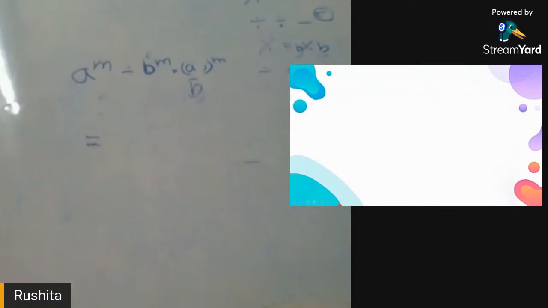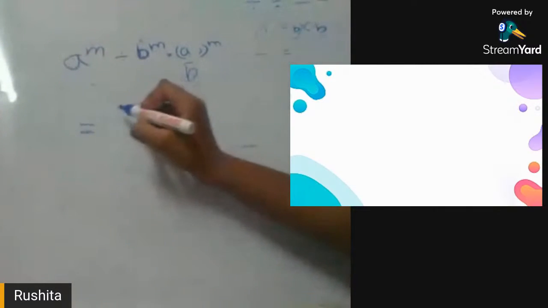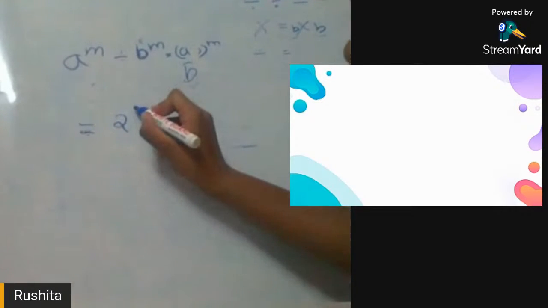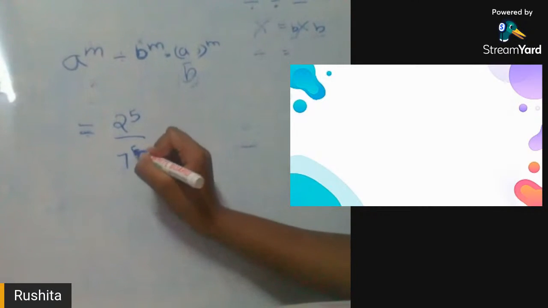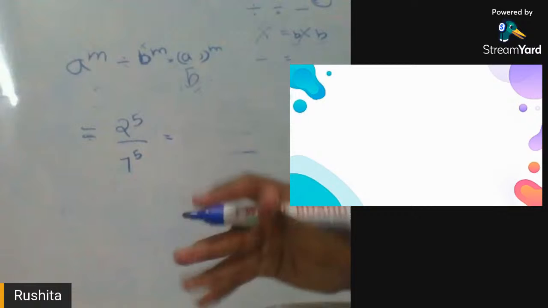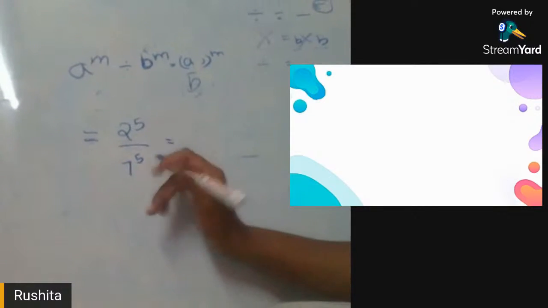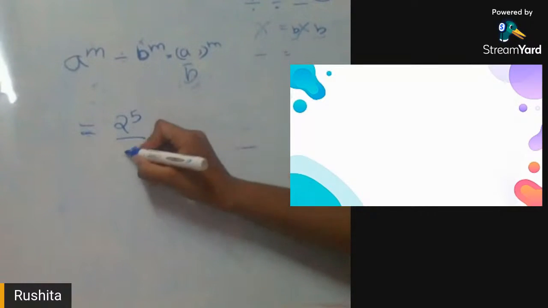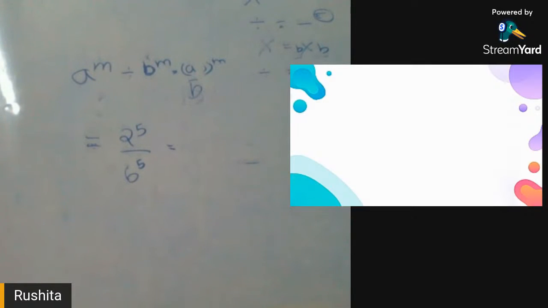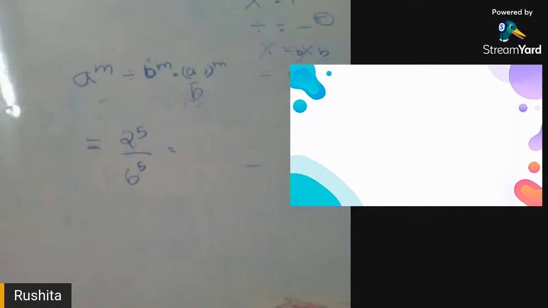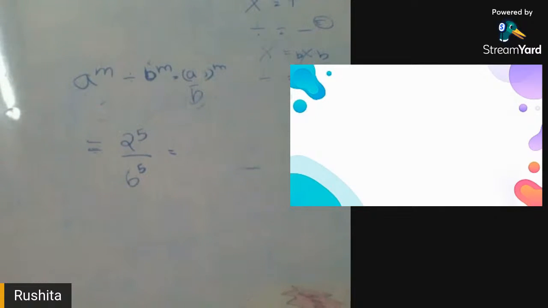Let's take 2 to the power of 5 by 7 to the power of 5. So now we are going to divide. Let's take it as 6 and 2. 1 minute.